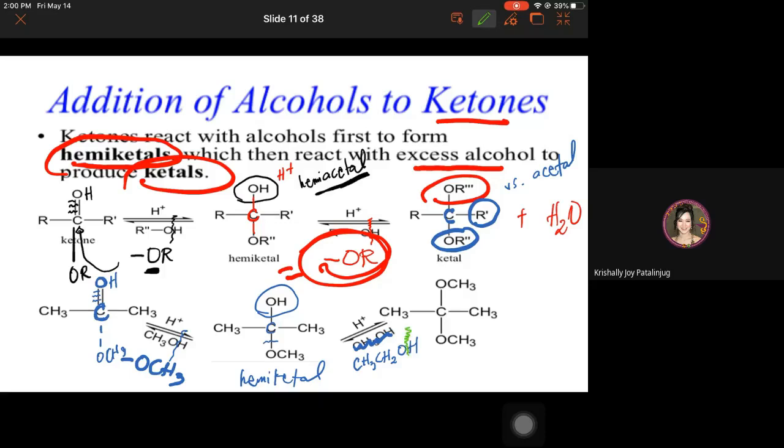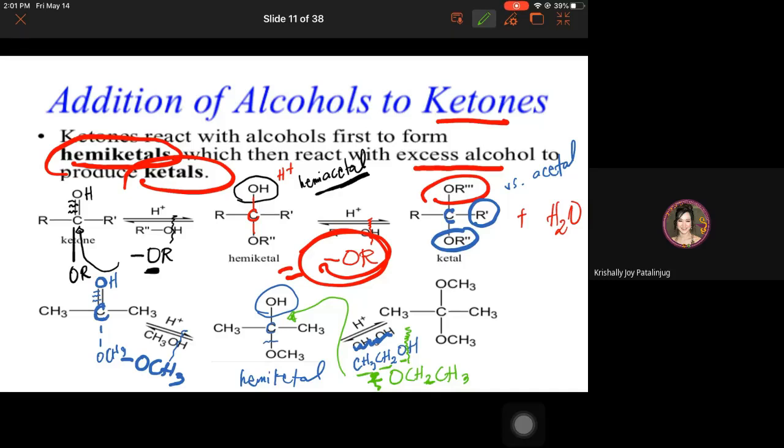You deprotonate the hydrogen, remove hydrogen, then the nucleophile that will be produced is O, CH2, CH3. Meaning yung point of attachment is yung oxygen. Mao siya ang mo-attach sa active site sa hemiketal. Let's say for example, ethoxy ang na-add.